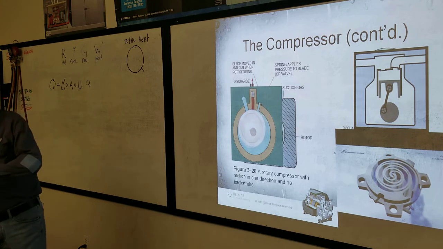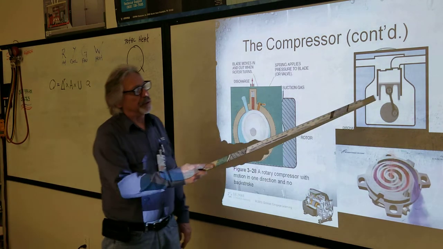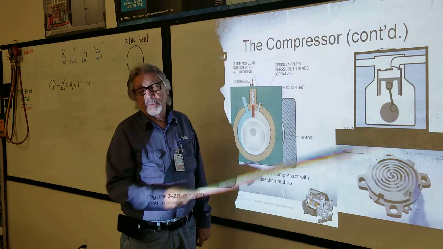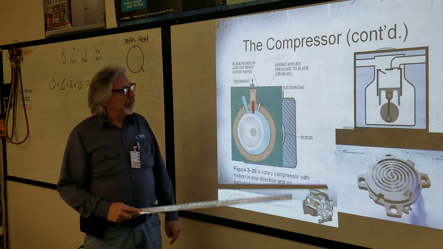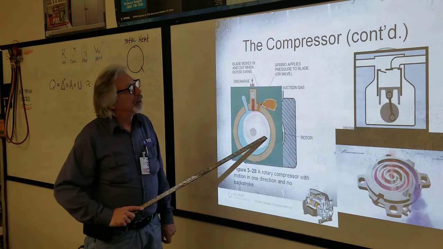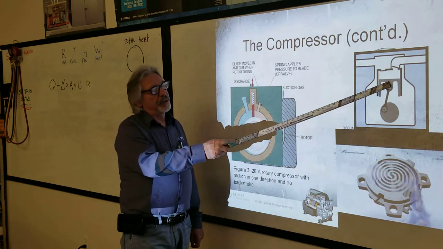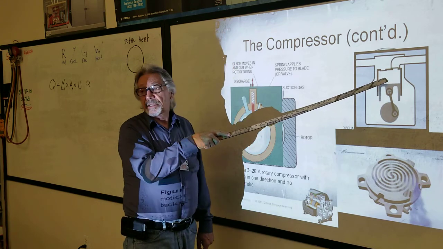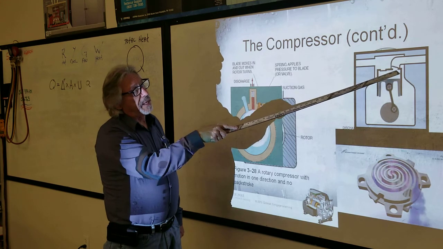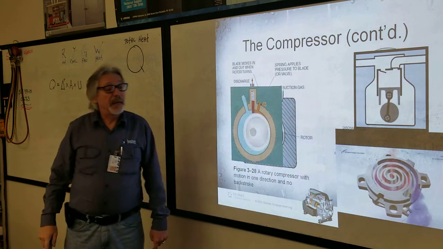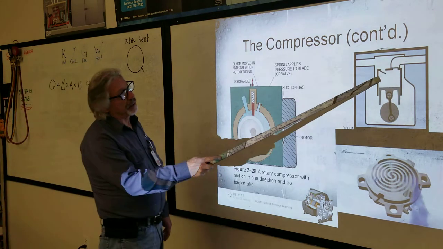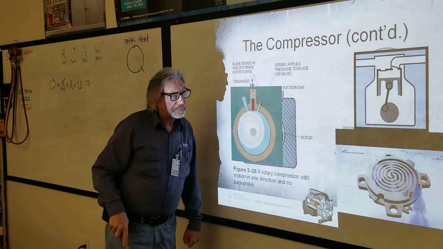Okay. So the reciprocating compressor goes up and down. That's why they call it reciprocating. The main difference between these two and this one, as you can see, is that when the piston is at top dead center, there's a space in between the head and the piston, because otherwise the valve would hit the top of the compressor.